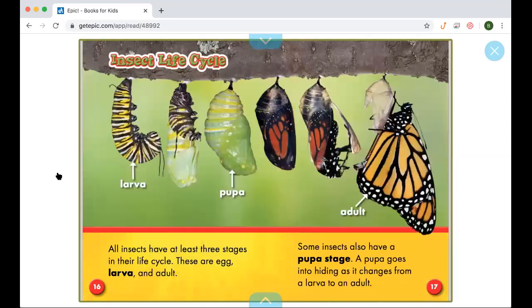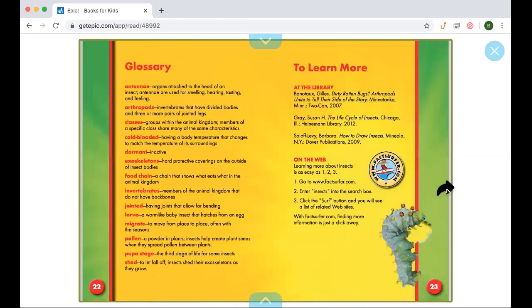The insect life cycle. So you'll see that the author has labeled parts of the life cycle. So we have the larva, the pupa, and the adult. All insects have at least 3 stages in their life cycle. These are egg, larva, and adult. So larva is bolded. Let's see what larva means if we don't know.